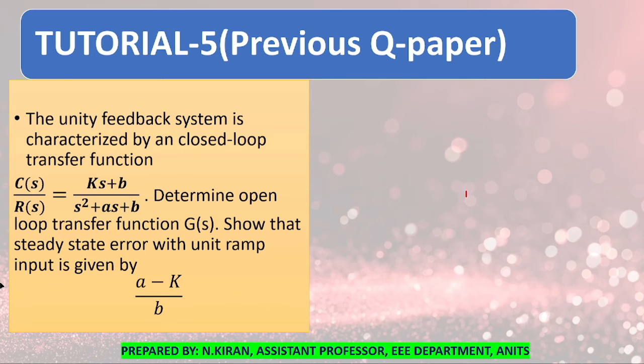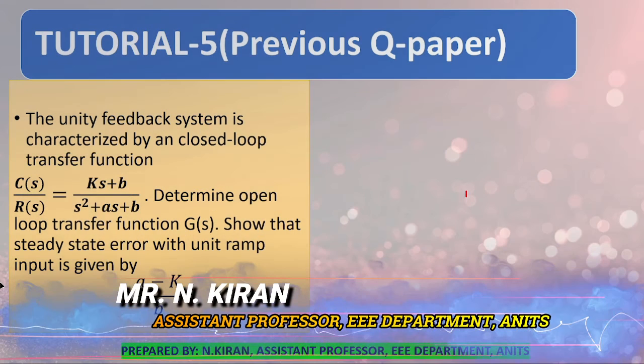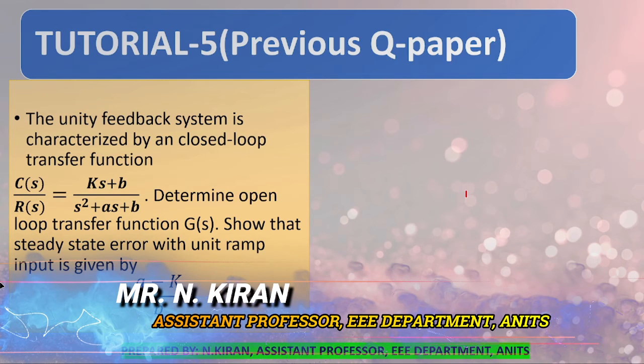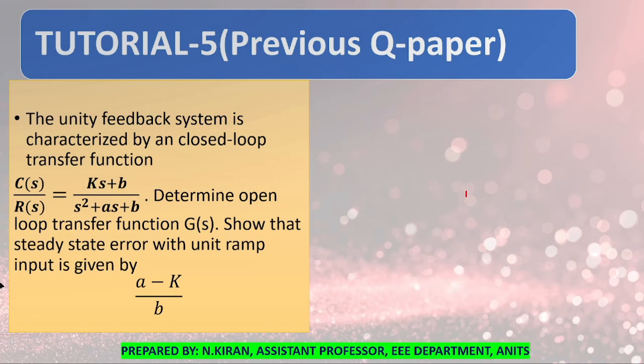The last tutorial: given that the unity feedback system is characterized by the closed loop transfer function C(s) by R(s) is (Ks plus b) divided by (s square plus as plus b), I was asked to find the open loop transfer function G(s) and show that the steady state error with unit ramp input is (a minus K) by b.